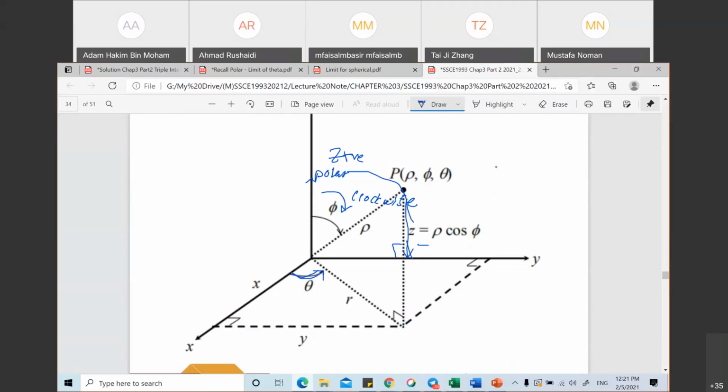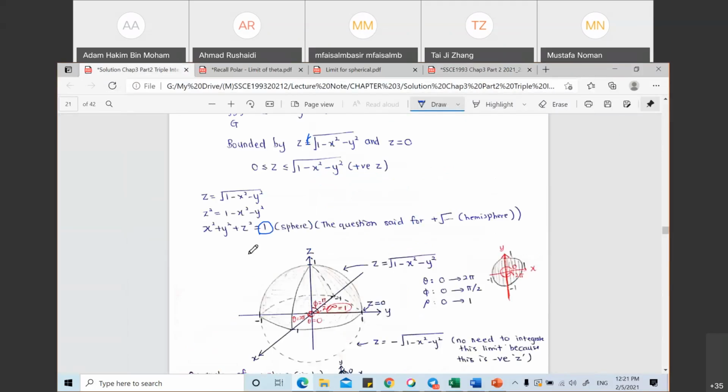Theta is anti-clockwise, and stops at the region given. So we start from here, and we stop here, which is 0 to pi over 2.